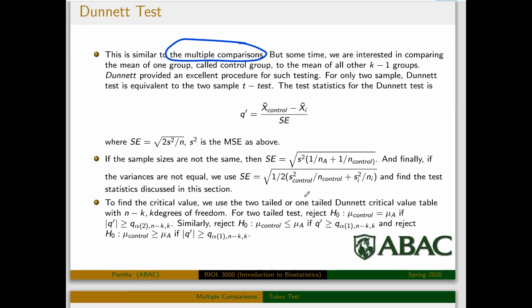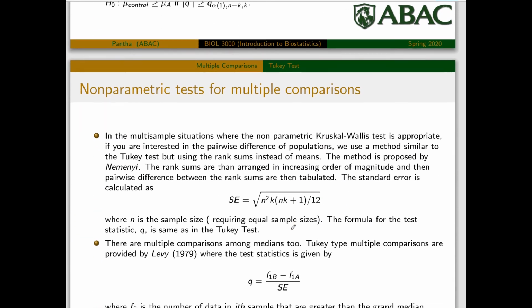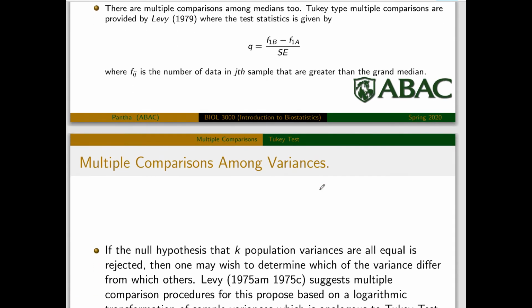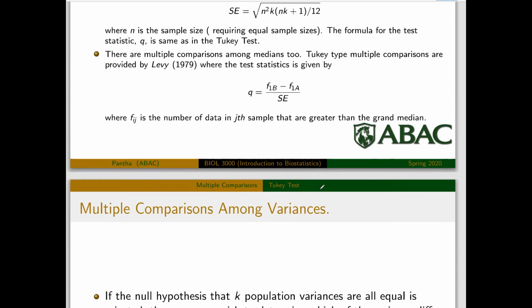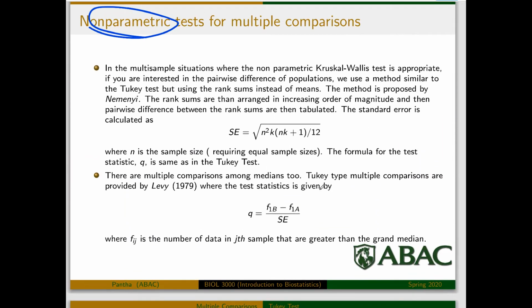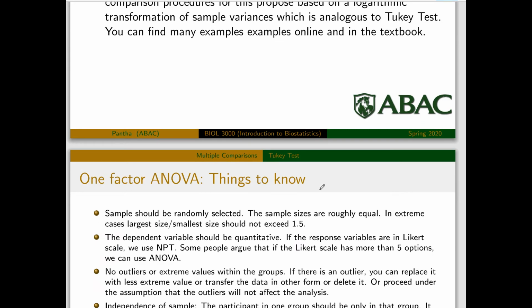So this is basically the method to do the Dunnett test, okay? And there are multiple non-parametric tests for multiple comparisons, okay? You can read these for multiple comparison of the means, multiple comparison for the non-parametric test, and multiple comparison of the variances.